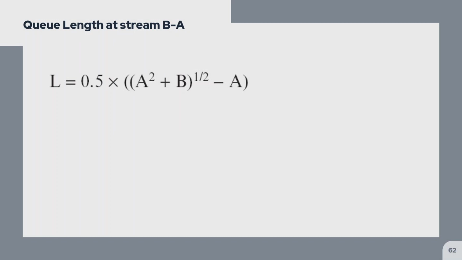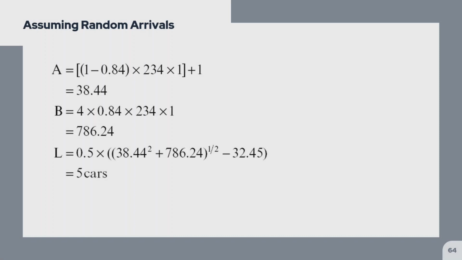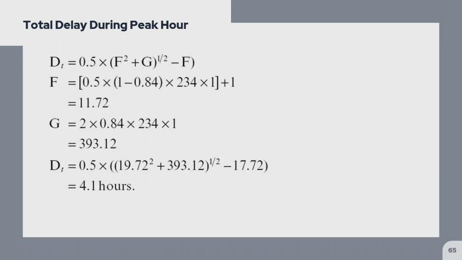This is the queue length at stream B to A. Next, we assume random arrivals, so we set C equal to 1. Next, we get the total delay during the peak hour by using the following equations.